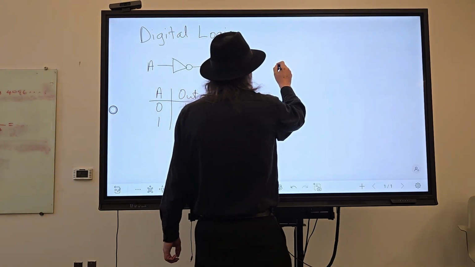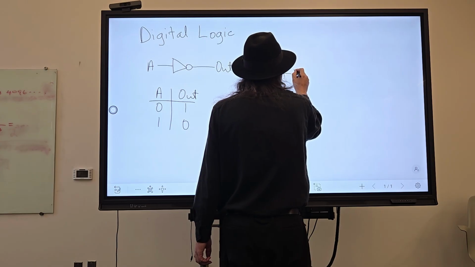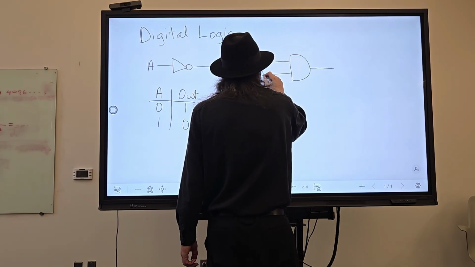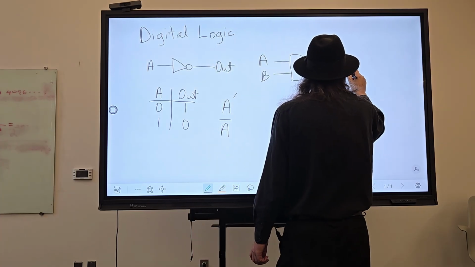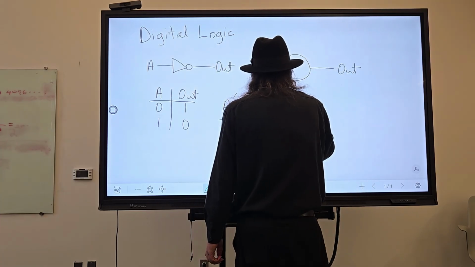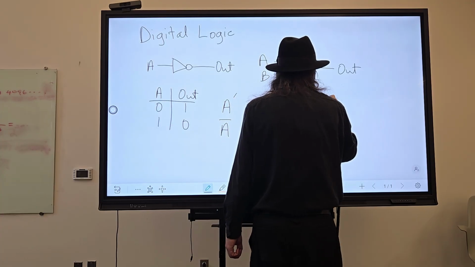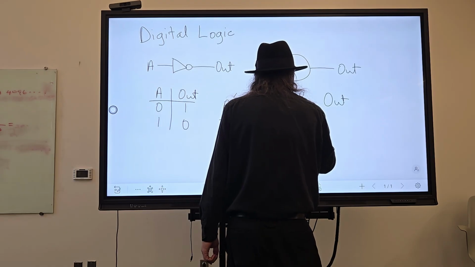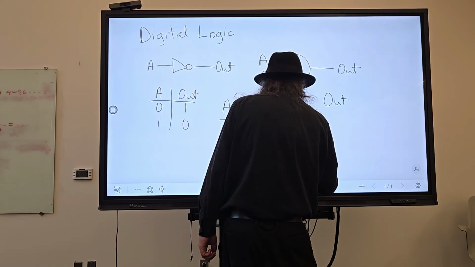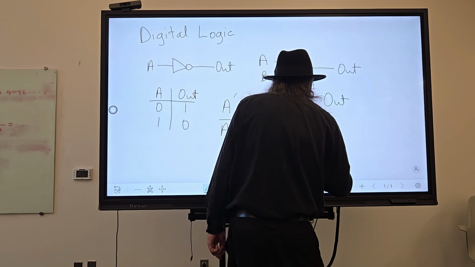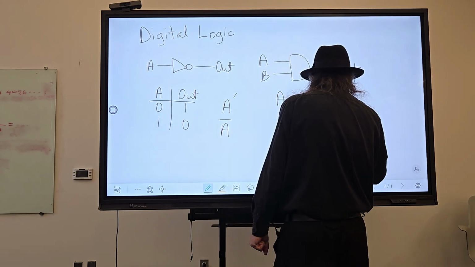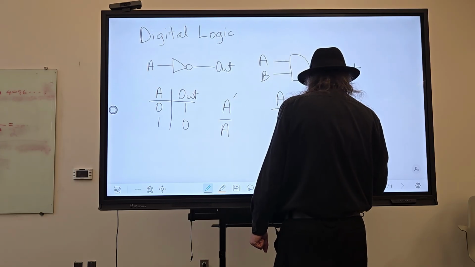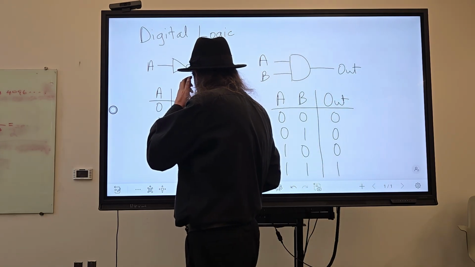The AND gate, the state table for that is like so.